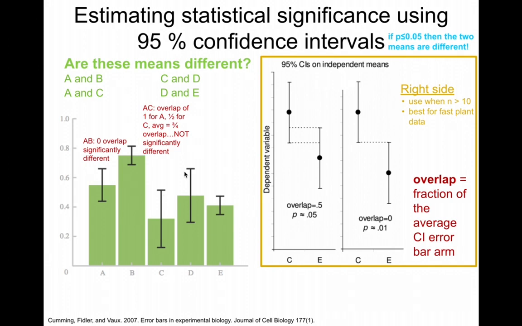All right, let's practice for C and D. So we're looking at the error bar for C and the error bar for D, and we're just going to try to determine the overlap for each arm.